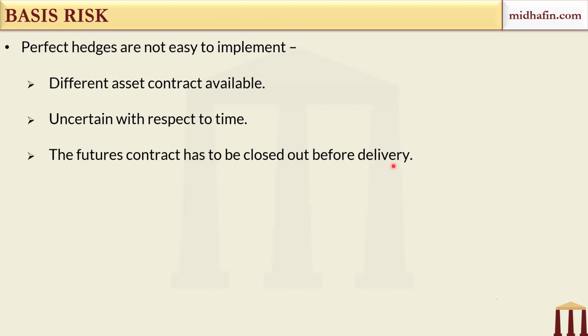But maybe the contract is not available for the last day of October. Maybe the contract is available for say 25th of October, and when the farmer thinks he has to now harvest the crop on or before 25th, finally he feels that no, the crops are still not ready, let me give them 5 or 10 more days. So it is possible that the futures contract will have to be closed before delivery.